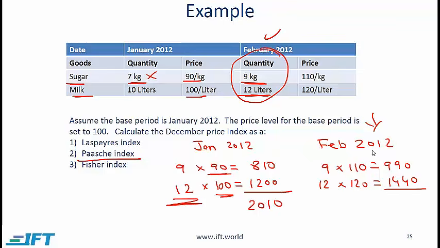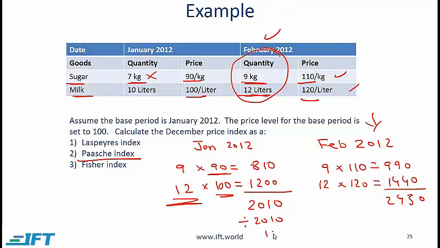For February, the prices go up. So here we are going to use 110 and 120. So here the value comes to 2430. Now, as before, we need to standardize this to 100. If January 2010 is the base month, then we can take this, divide by 2010 and then multiply by 100.